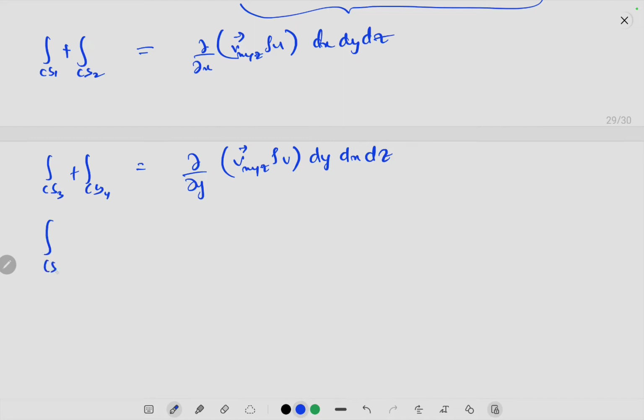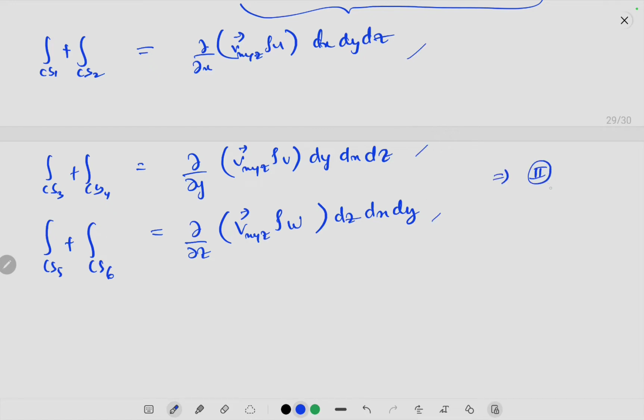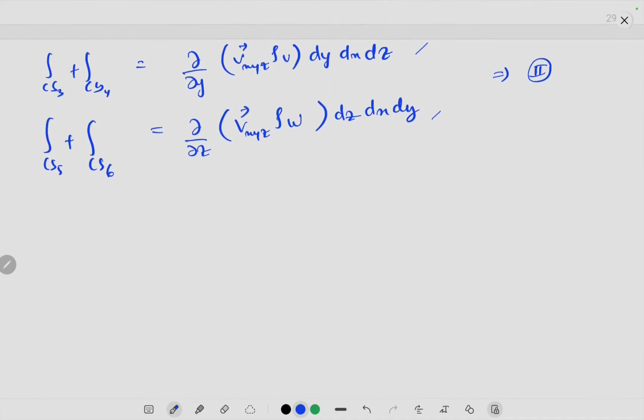And similarly CS5 plus CS6 will give me del by del z of vxyz rho w, not z but w, the component along the z-axis, dz dx dy. So adding these three will give me 2.